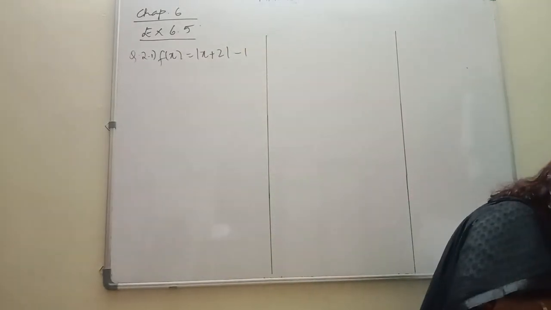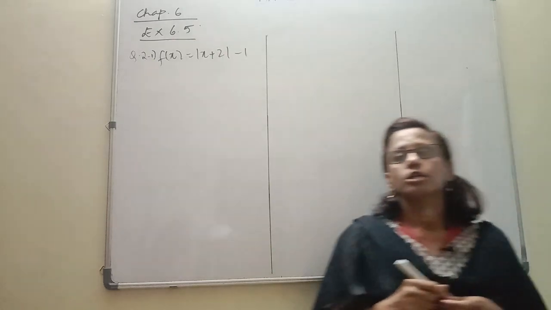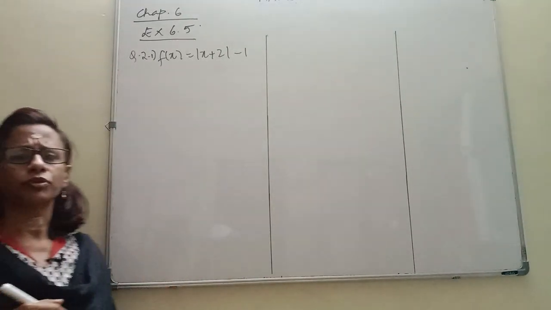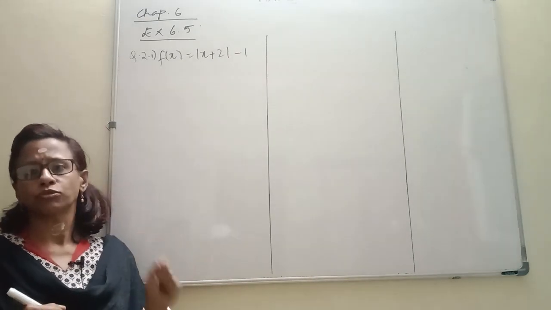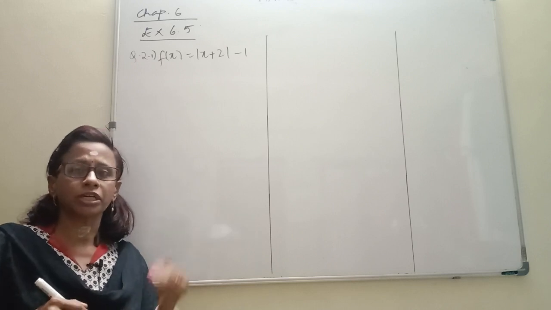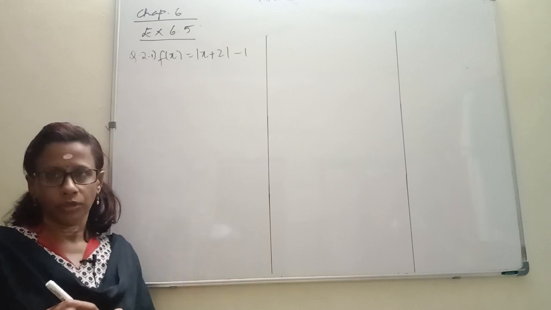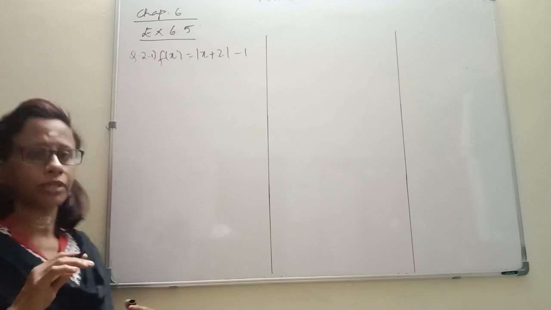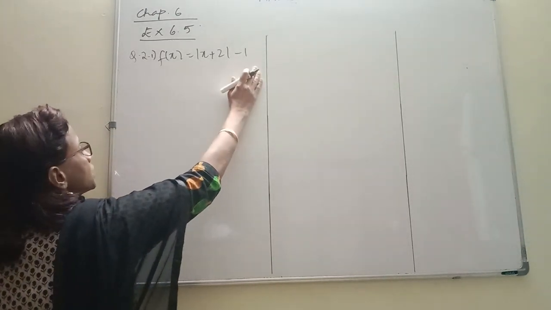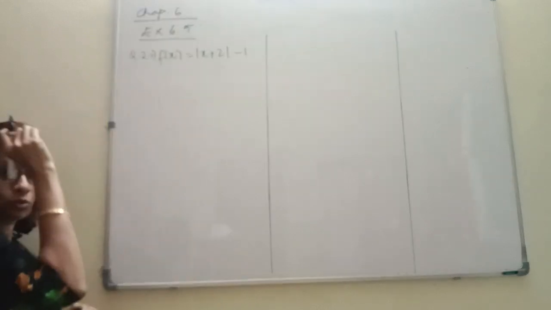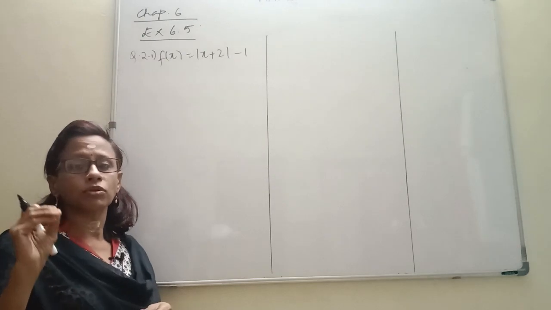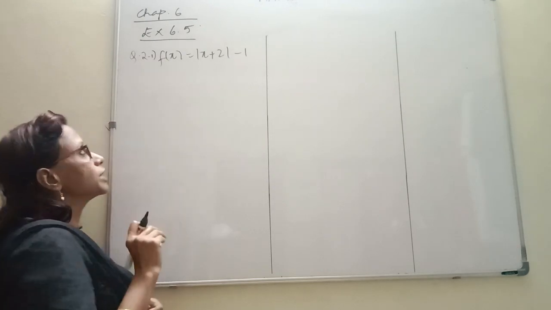In order to get the working for this, always as we did before, that's going to be your strategy, that you're going to catch hold of the positive or the negative part, and from there you're going to develop the function, and then you're going to check out what is the maximum and minimum value. Same thing is going to happen here. The function f of x is defined as modulus of x plus 2 minus 1, where modulus of x plus 2 we all know is always going to be positive. Irrespective of any value of x, the modulus value is always going to be positive. So that we are going to take care of.